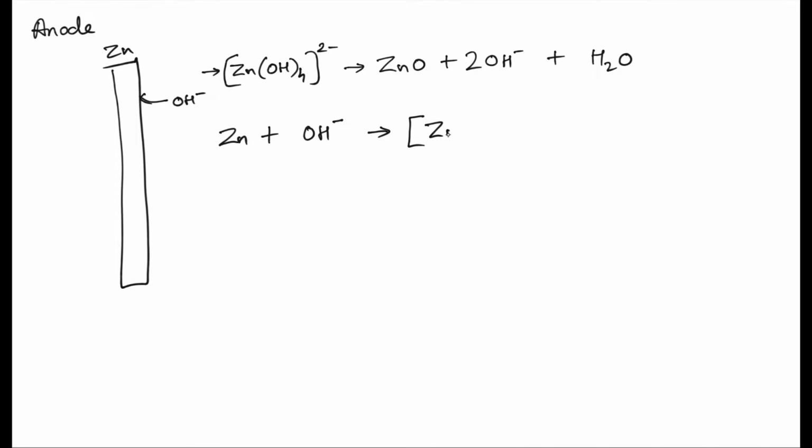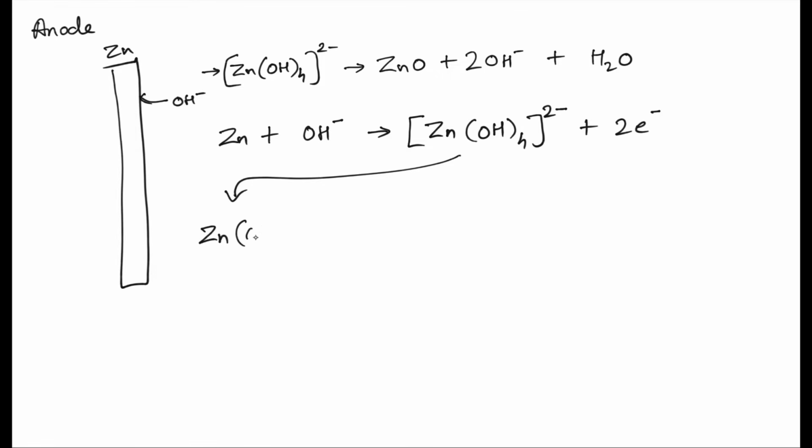In the first step it will give Zn(OH)4 2 minus and 2 electrons, and then in the electrolyte it will form ZnO plus 2OH minus and H2O.